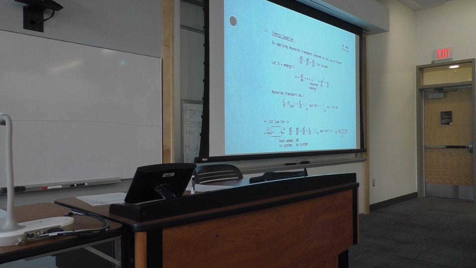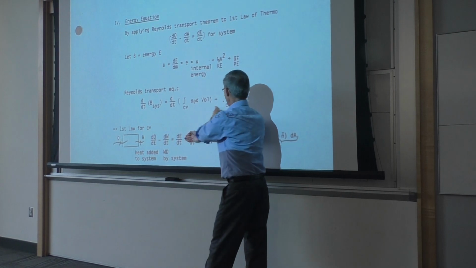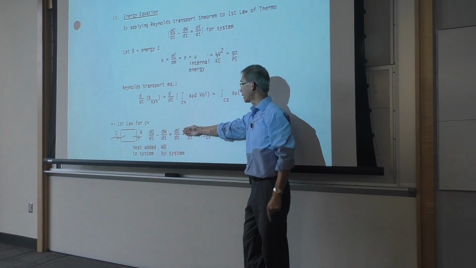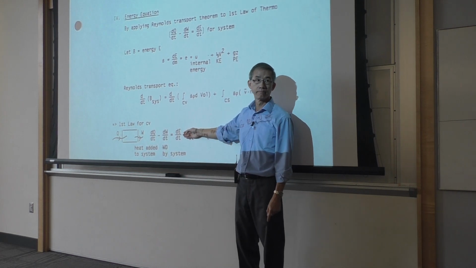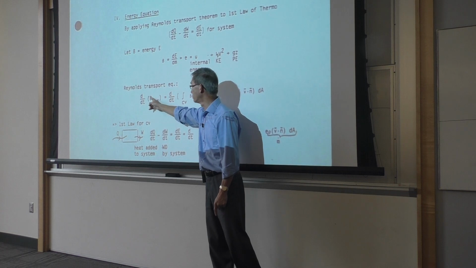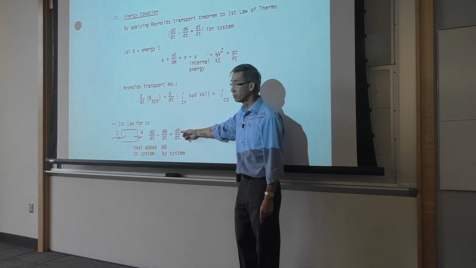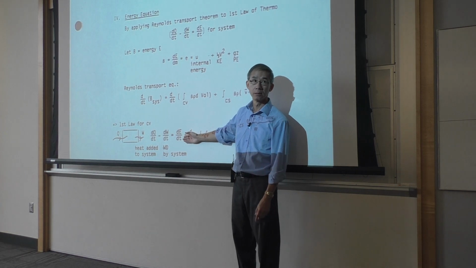Now take the Reynolds transport equation in here, whereby I replace this capital B with what? No, capital B. This capital B now becomes my capital E. I think that's where the confusion is. Okay?